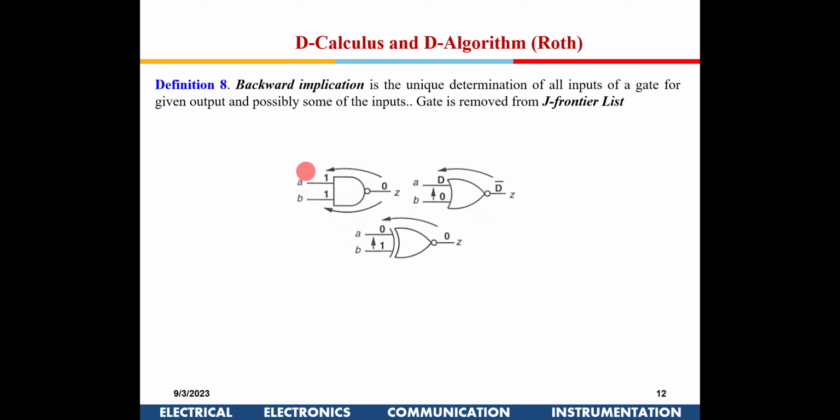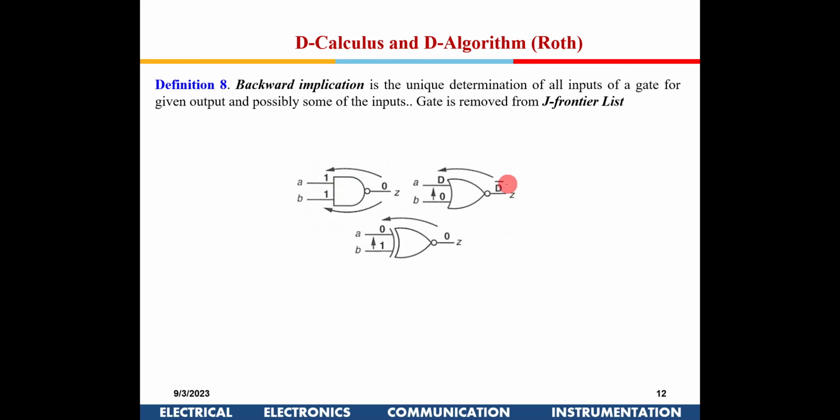And that is only when we are going forward. We need to keep coming back also in the algorithm. While coming back, this is known as backward implication. If a 0 is required at the output of a NAND gate, it is implied that both the inputs have to be 1.